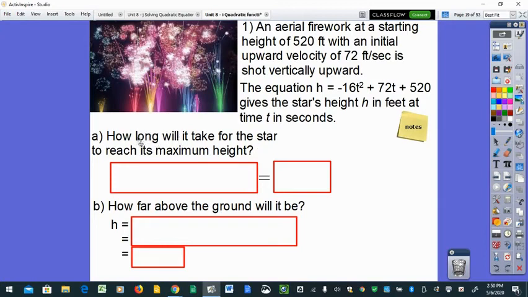So when it asks how long will it take for the star to get to its maximum height, it is asking for the x coordinate of the vertex. That's easy: negative b over 2a.